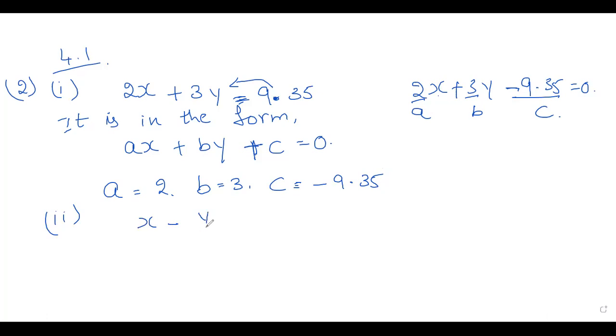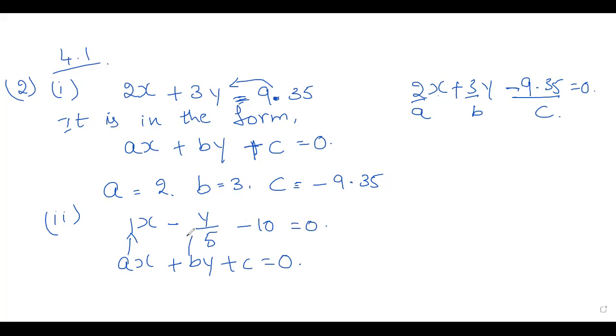Come to the second one. X minus y by 5 minus 10 is equal to 0. So I will write it is in the form of ax plus by plus c is equal to 0. What is a here? If there is no number, you can write 1, right? See, a is 1.